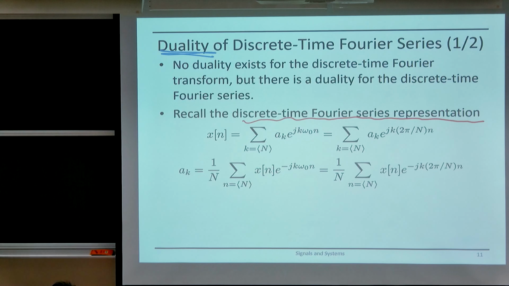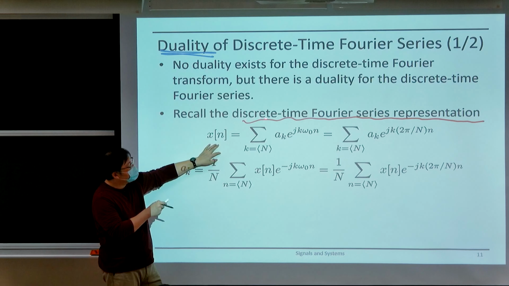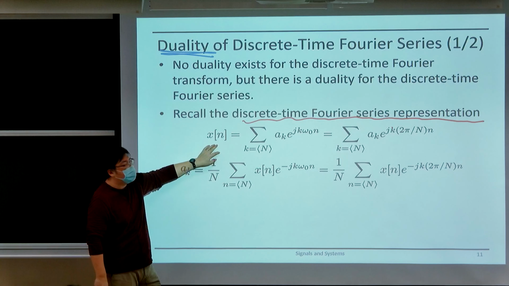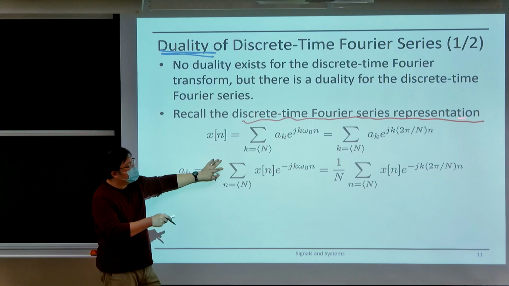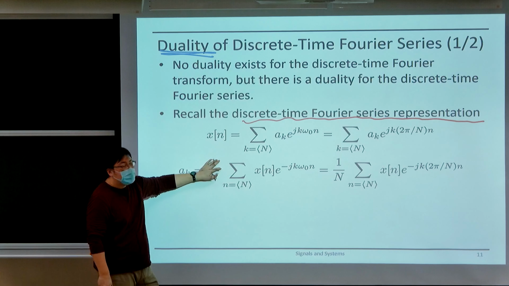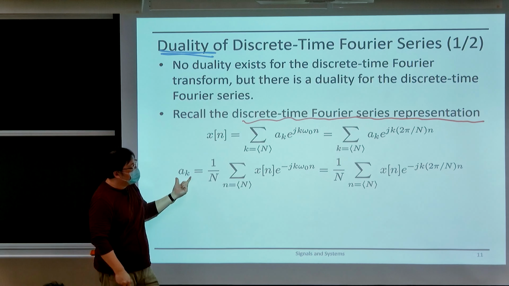Okay? So if you recall, when looking at this discrete time Fourier series representation, the discrete time signal is written as this discrete linear combination of these frequency components, right? And you extract the Fourier series coefficient by also taking the summation with the conjugate of these frequency components, okay?